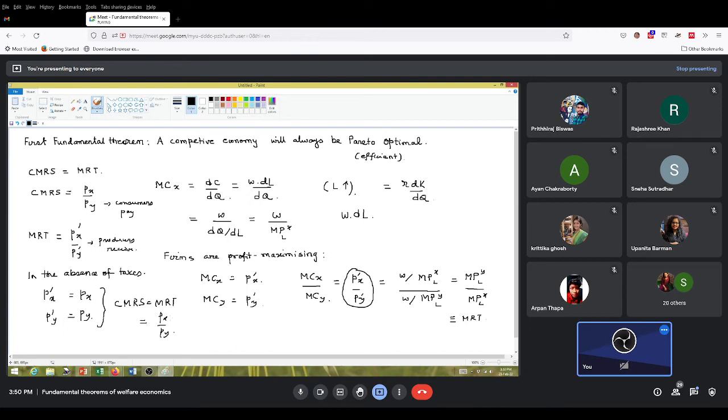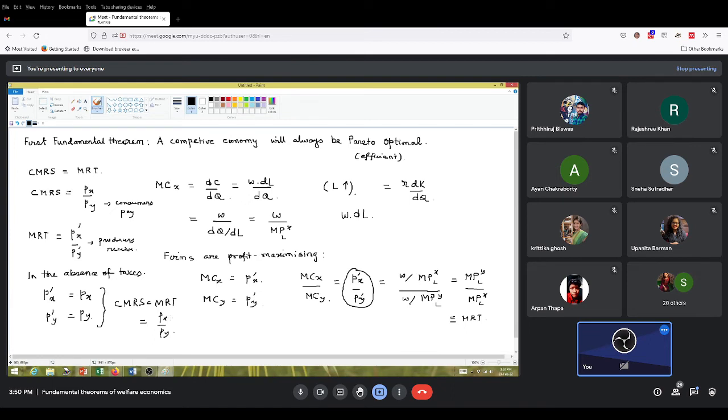Okay, so that means firms simply have to choose their output to maximize profits subject to an output constraint. Consumers will simply have to maximize utility subject to a budget constraint. Each of them is totally unconcerned with the other people.